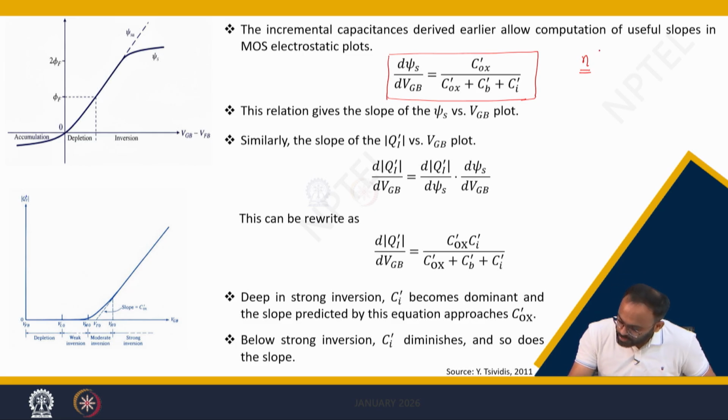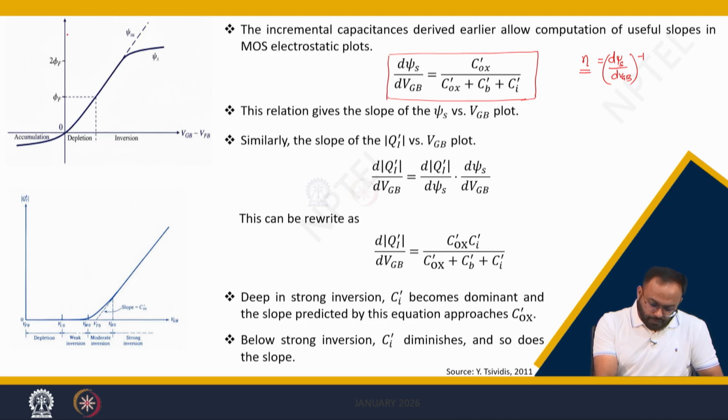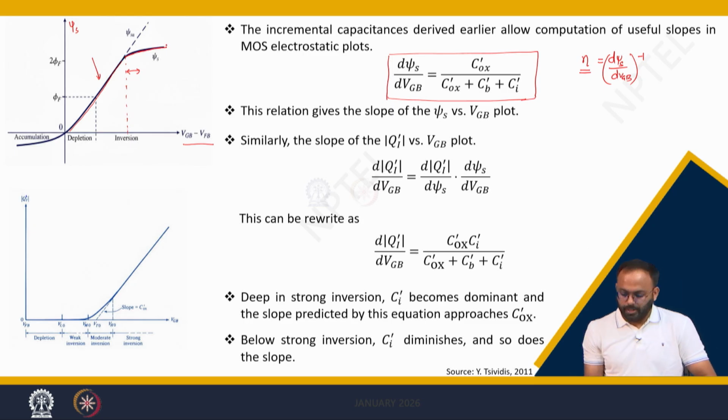So, we have defined the slope factor n as d psi s by dVGB inverse. So, if we see the surface potential versus VGB graph, we found that it is linearly rising and after that it gets saturated. Here the slope is almost linear and after a point 2 phi f, which we called the onset of moderate inversion, the surface potential starts to pin.